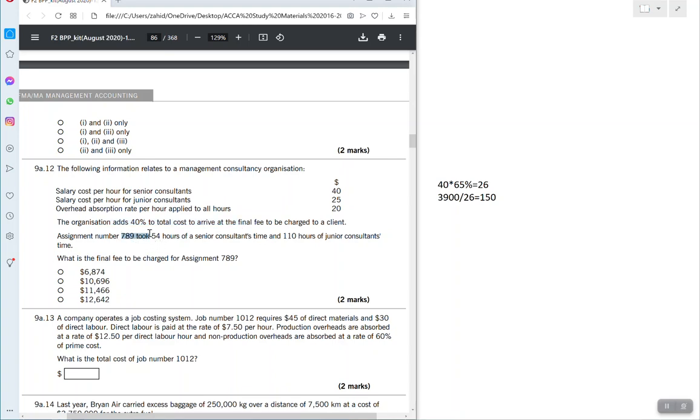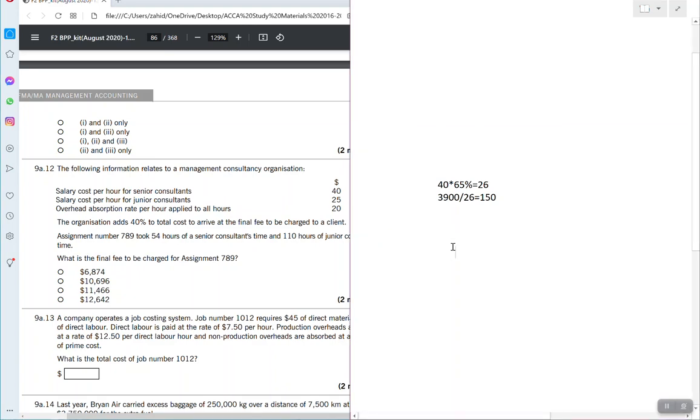Assignment number 789 took 54 hours of senior time and 110 hours of junior time. So what is the fee that we need to charge? Senior is 54 hours, it takes 40. Junior is 110 hours, it takes 25.